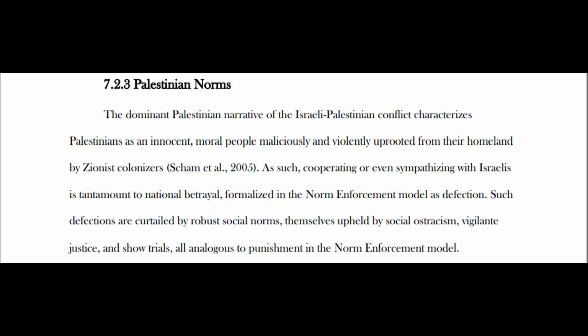Such defections are curtailed by robust social norms, themselves upheld by social ostracism, vigilante justice, and show trials, all analogous to punishment in the norm enforcement model. Which means that Palestinian society also generally believes that cooperating with Israel is detrimental to them.